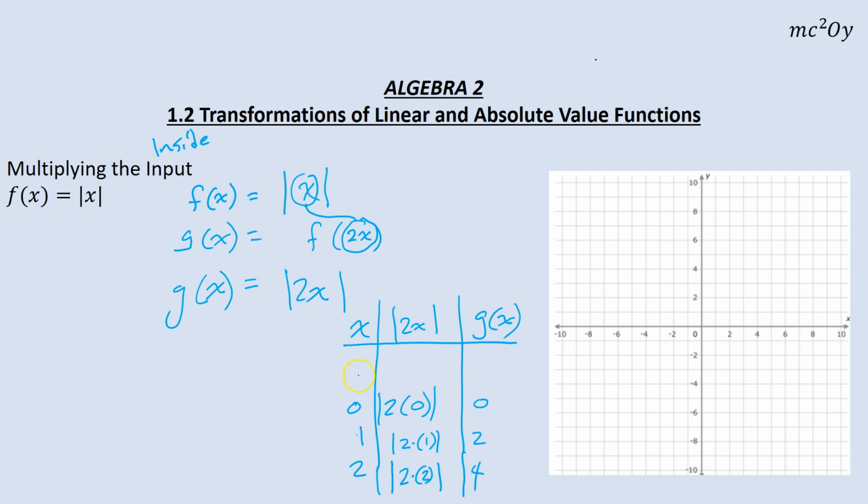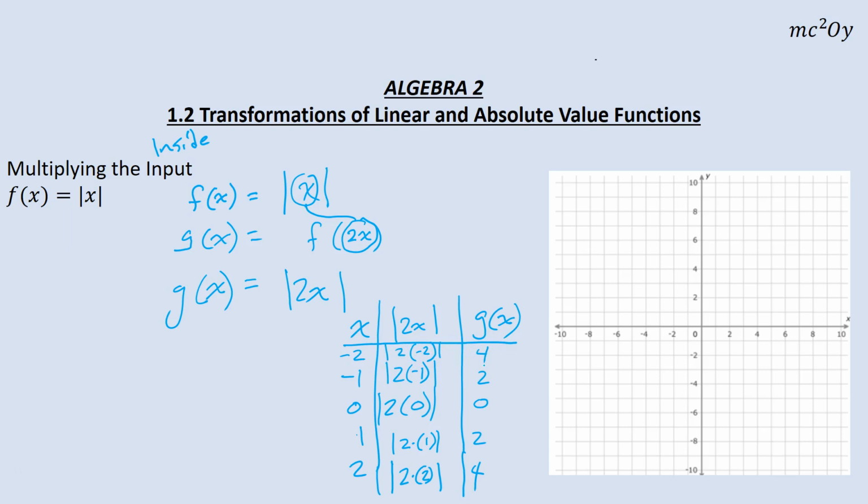And if we have negative 1, we have absolute value of 2 times negative 1, which is negative 2, and that's also 2. And negative 2, 2 times negative 2 is negative 4, and the absolute value of negative 4 is 4.